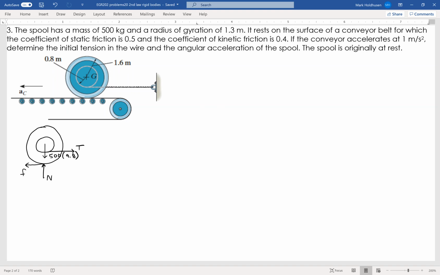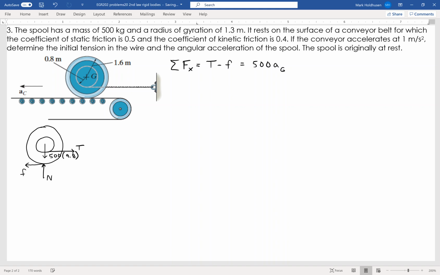So let's go ahead and sum the forces in the x direction, because the acceleration will be horizontal. So I've got T minus F equals the mass times the acceleration. So that's going to be 500 times the acceleration of point G, the center of that thing.